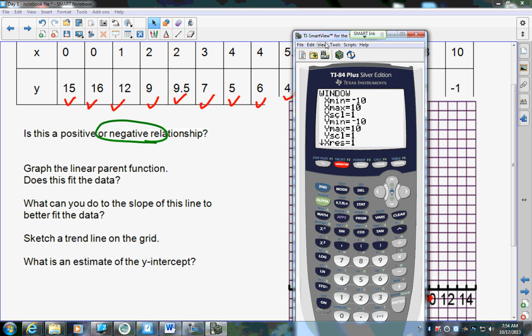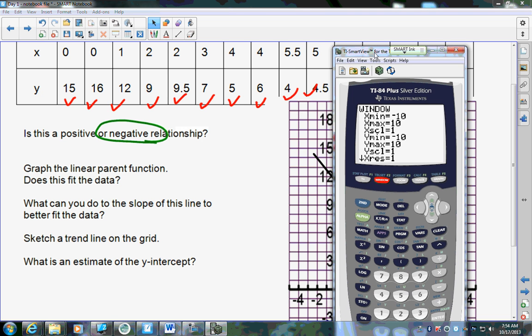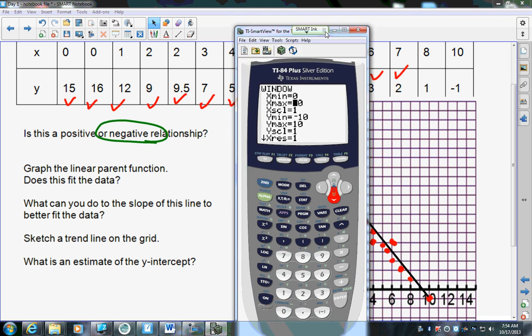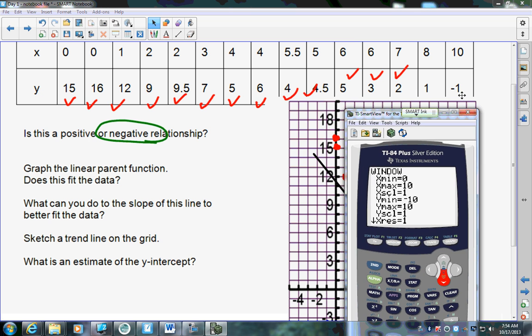So if I go to window, the smallest X I have is 0, so I'm going to start at 0. X maximum goes up to 10, so I'm going to leave it alone at 10. Y minimum, the smallest Y number, is negative 1.